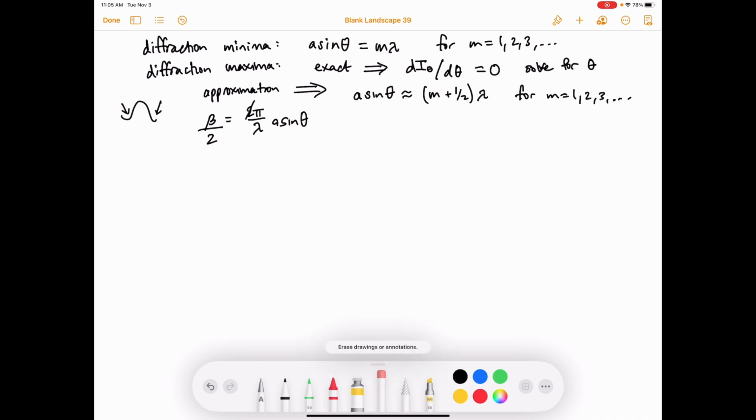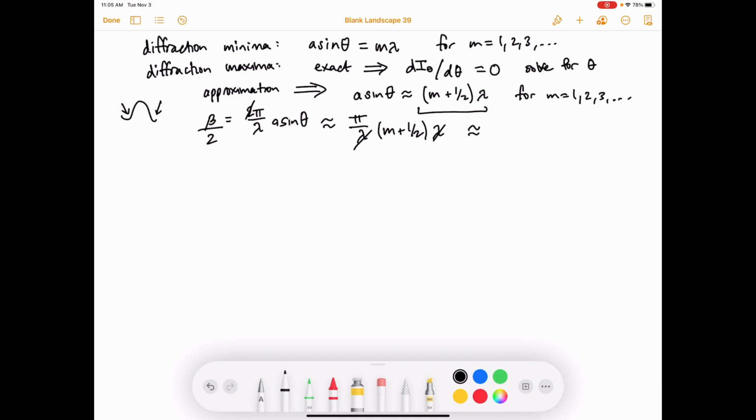And remember, if we apply the approximation I just wrote down, this will give us beta over 2 is approximately equal to pi divided by lambda times this. This is what we can sub in for a sine theta. So m plus a half times lambda, cancel out lambda.